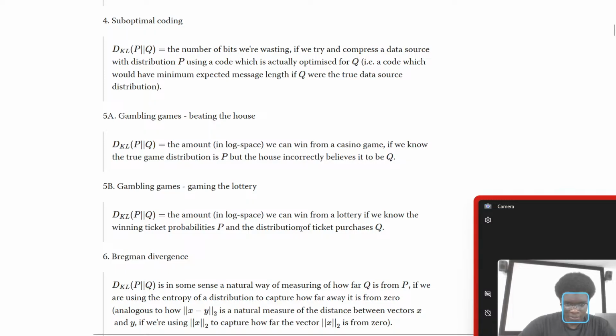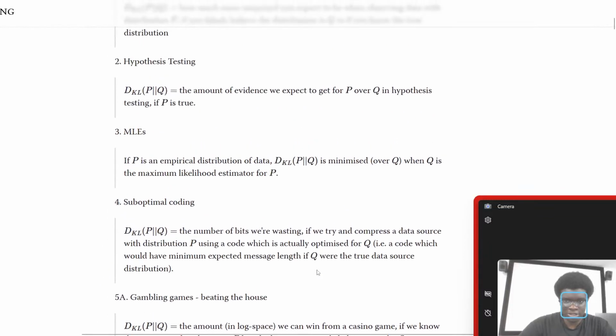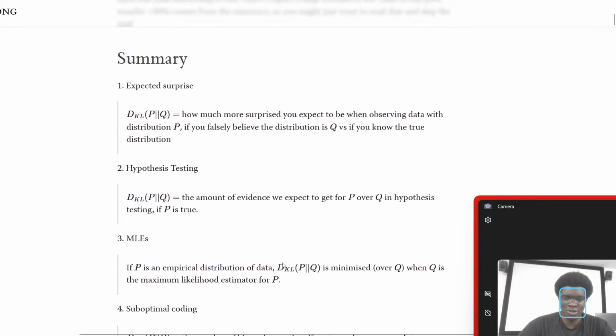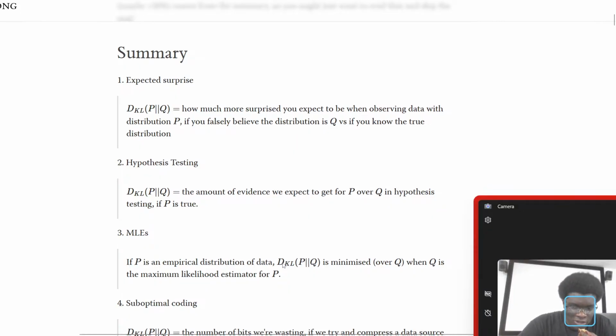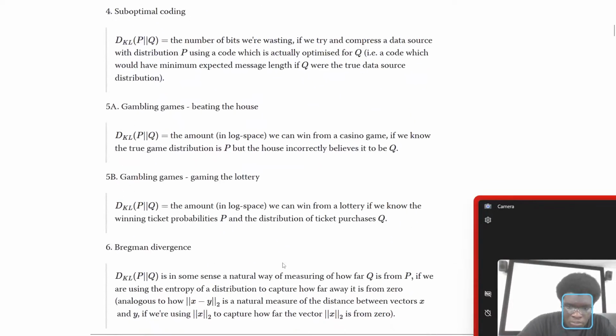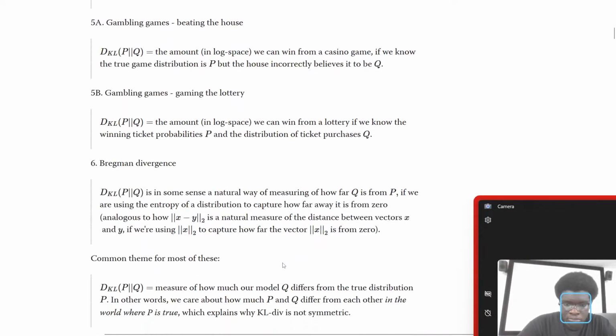Okay, so the idea I'm getting is that D_KL looks kind of like a distance between two probability distributions, but for whatever reason D_KL(P||Q) is not equal to D_KL(Q||P). That's something I should probably justify to myself, and that's what they address here.